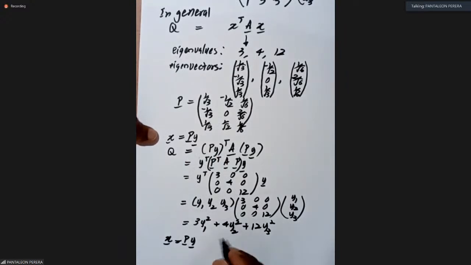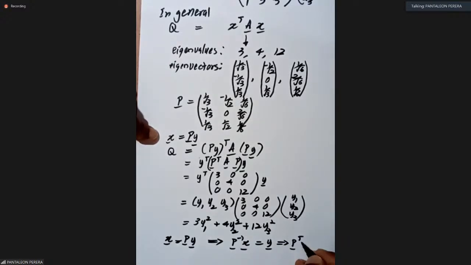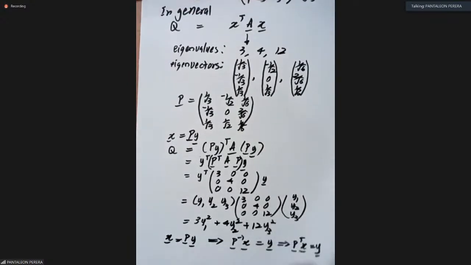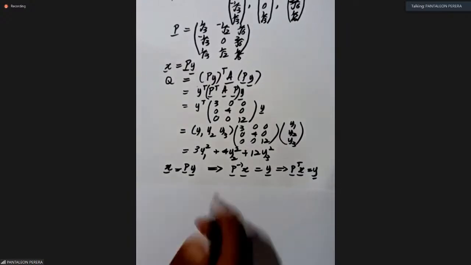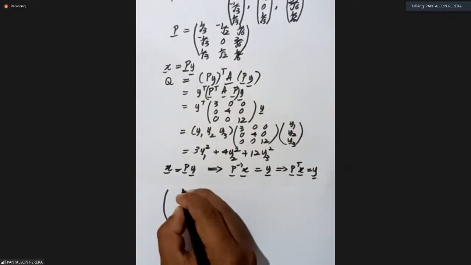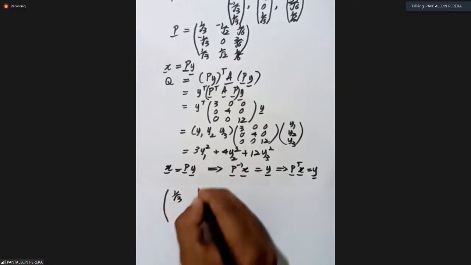Now I want to find y. So if I multiply both sides by the inverse, it will be this. But you know, P is an orthogonal matrix. Therefore, P inverse is P transpose. Now using this, you can find y. How? Let me show it. P transpose is this. 1 over square root 3.